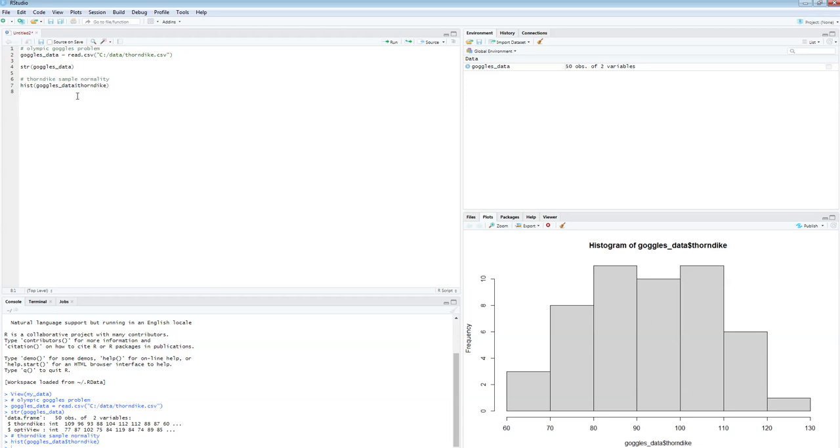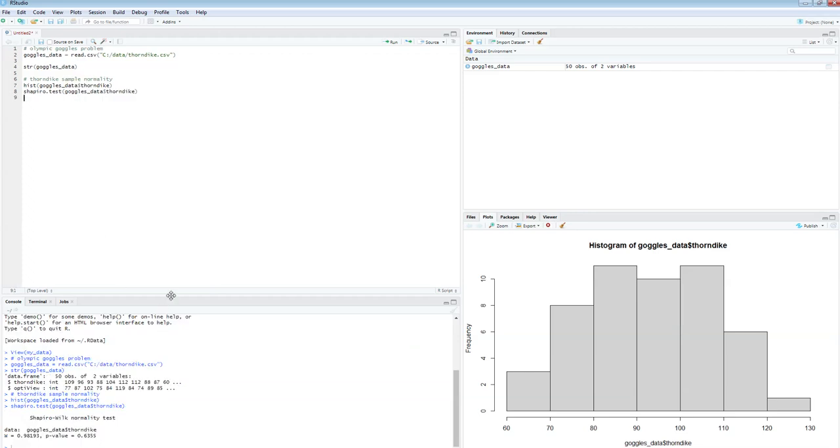So let's run the Shapiro-Wilk test, and exactly the same thing: goggles data for the column Thorndike, and there it is. So again, the rule of thumb is I'm looking for high p-values, right? If the p-value is high, that means that my null hypothesis stays, and the null hypothesis always for the normality test is that data are normally distributed.